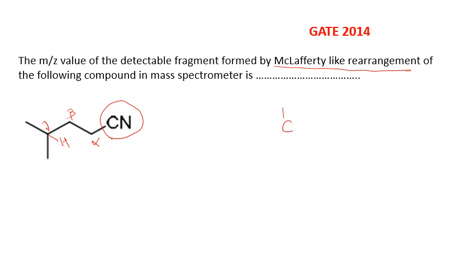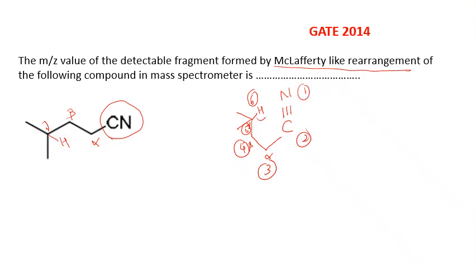So nitrile is C triple bond N. We have alpha, we have beta, and we have gamma over here. In gamma we have two substituents and one gamma hydrogen. So this is alpha, beta, and this is gamma. So this is number 6 and this is number 5, 4, 3, 2 and 1.